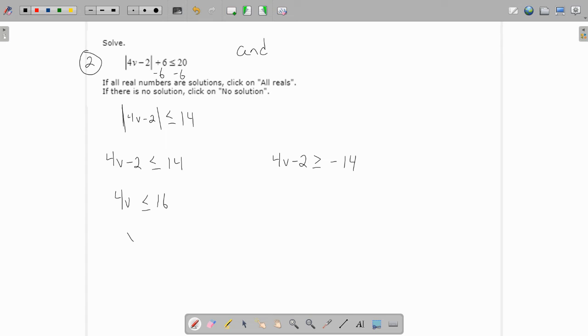Divide by 4. Okay, add 2 to both sides. Good, I flipped that, good. Add 2 to both sides. Divide by 4. V is greater than or equal to negative 3. Okay. So we're greater than or equal to negative 3, less than or equal to 4.